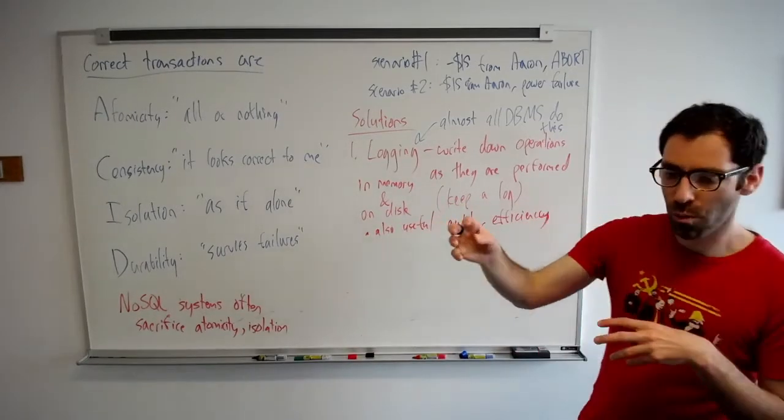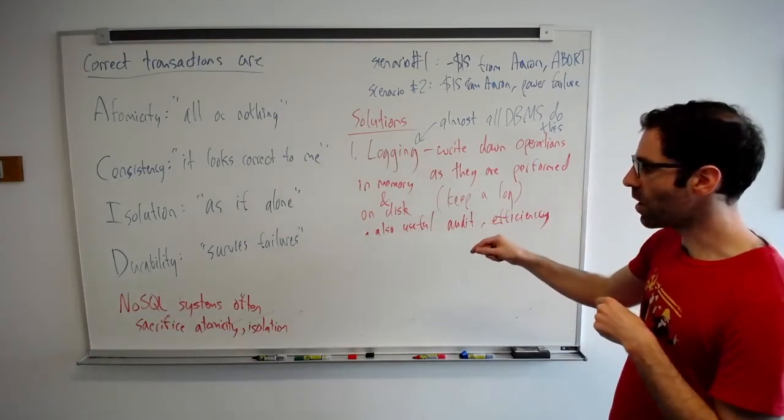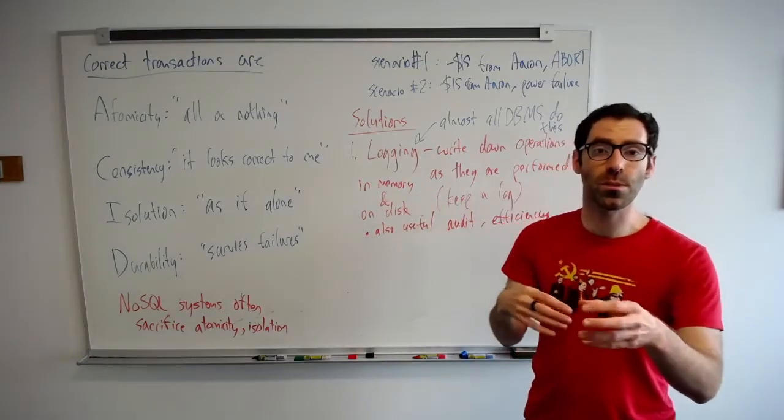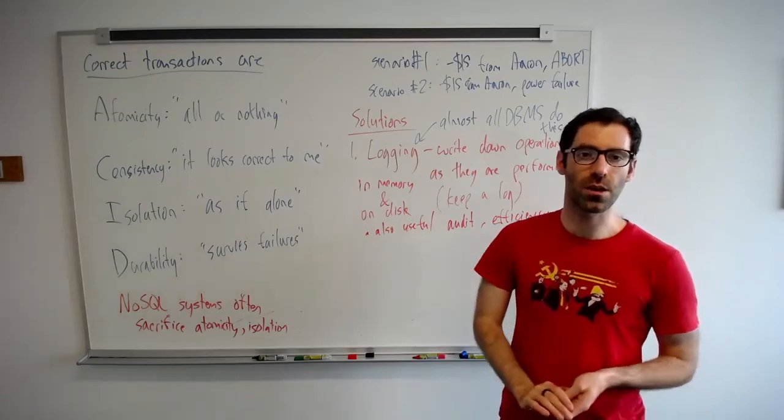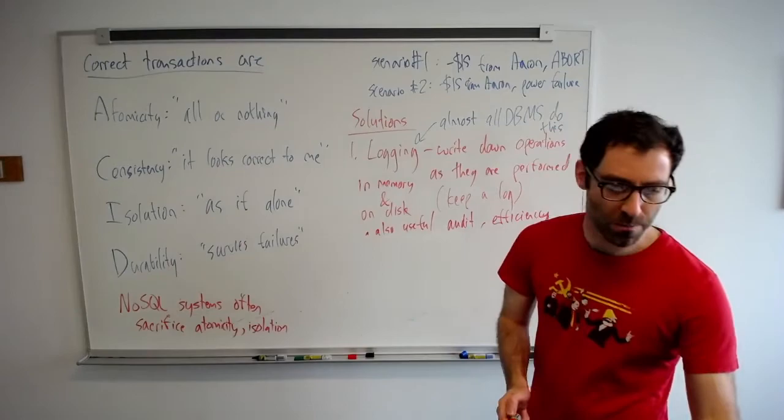So there are updates to different tuples, so they're not affecting each other, and we can reorder them such that we do the writes in sequential order and get better performance. So logs can be useful for efficiency as well.